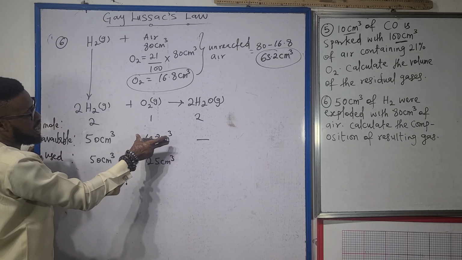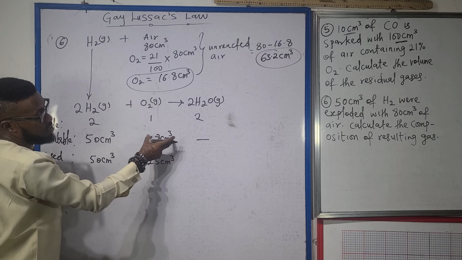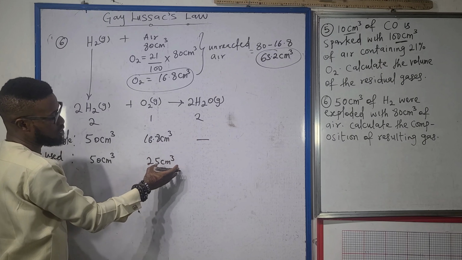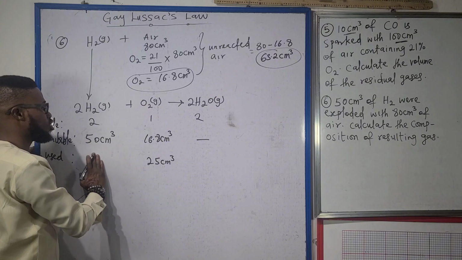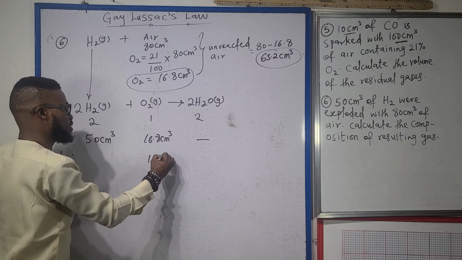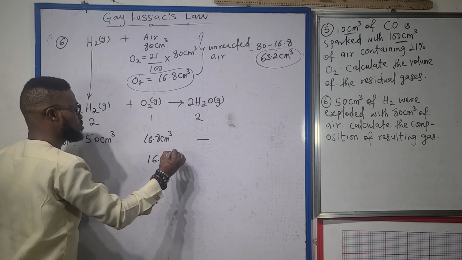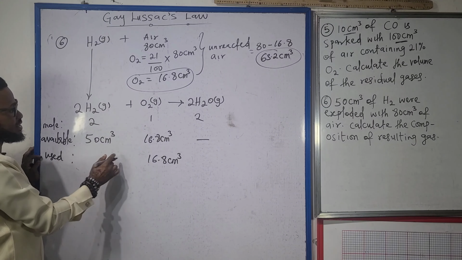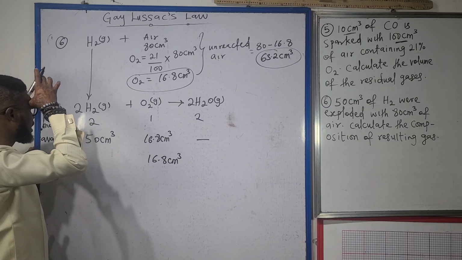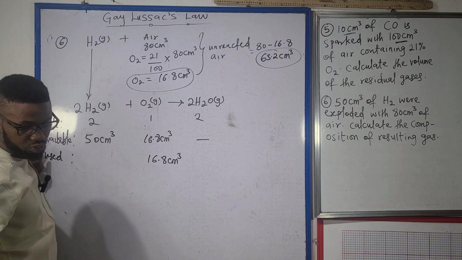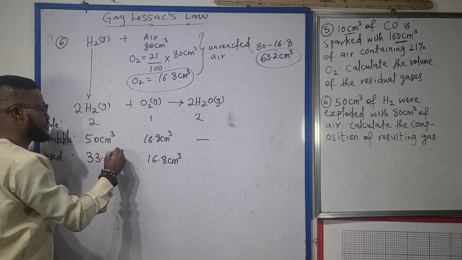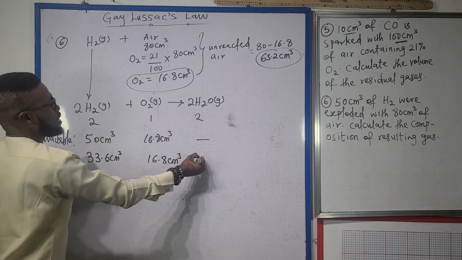But I have only 16.8 cm cube of oxygen available, so I cannot use up to 25. So this is all shades of wrong. What it means is that this is 16.8 cm cube, so for every 1 mole, that means 16.8 times 2, and that is 33.6 cm cube.